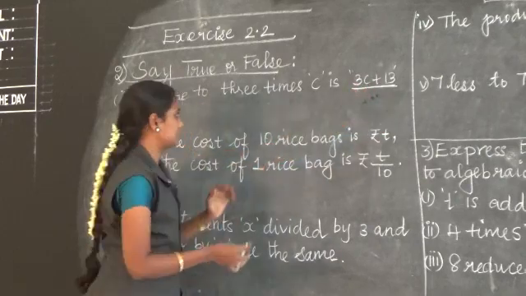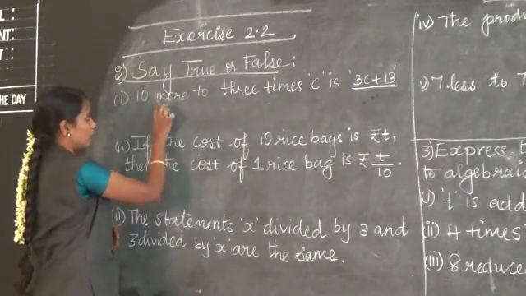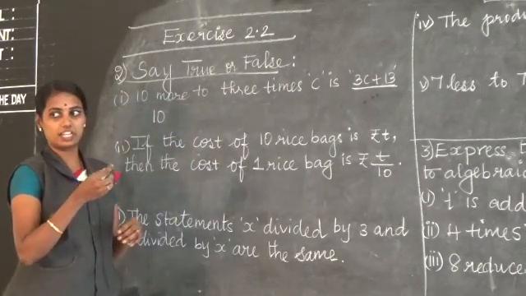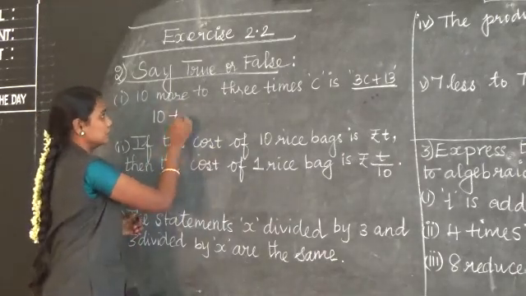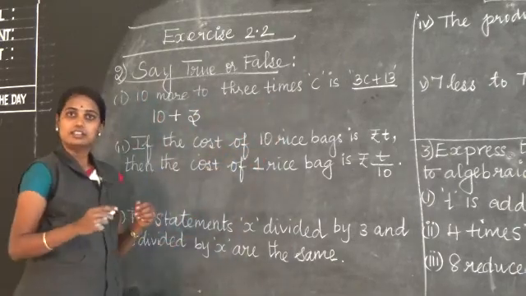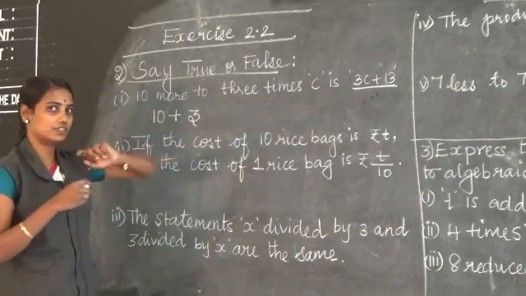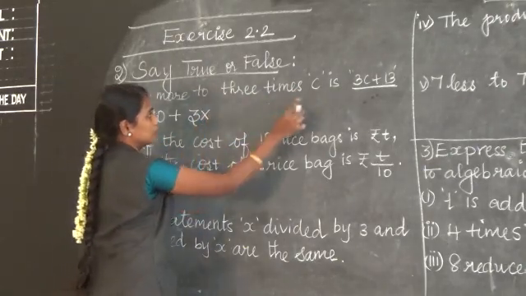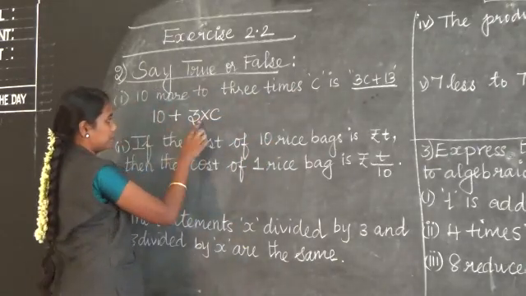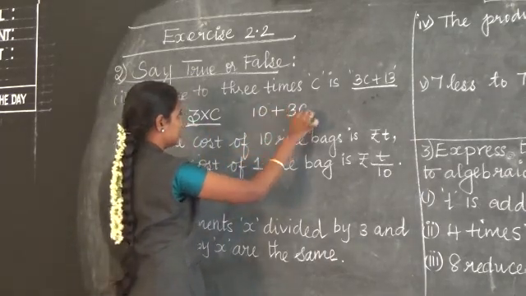We are going to check this. Listen to the clue words. 10 more is given. More means which sign will you use? Plus. 3 times. Times, what is the clue? Here times is the clue. Which sign you will use? Multiply C. So it can be written as 10 plus 3C.